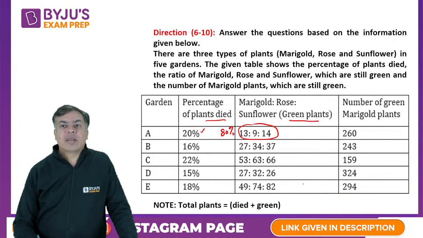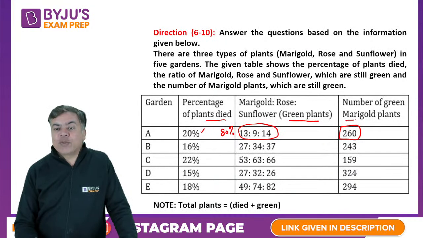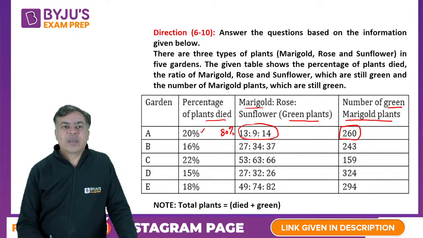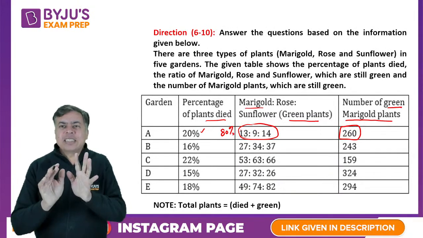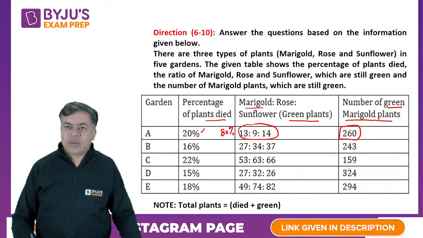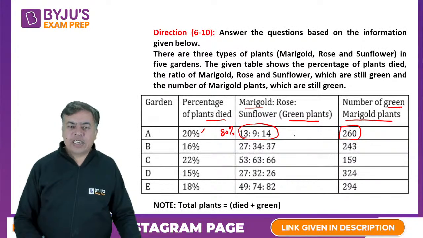Out of that, a number is also given, but that is for the green marigold plant. That means this marigold part is 13 parts. Try to understand, this is easy. Good, Bhavna. Let's move to the next one.